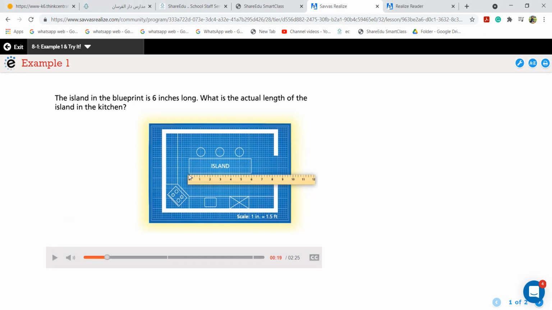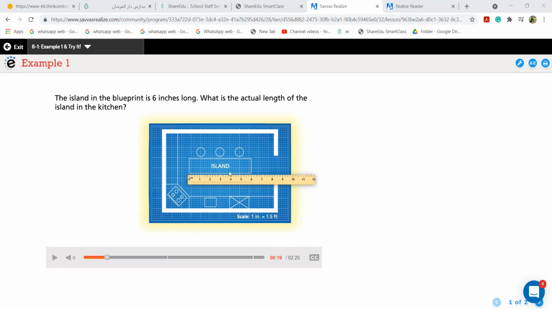Now actually 0 to 6 inches. Is your island so small? Yes, Judy, is your island so small? 6 inches? Your island in real life, where you want to go, is not this small, but you have a scale here, a ruler of 6 inches.